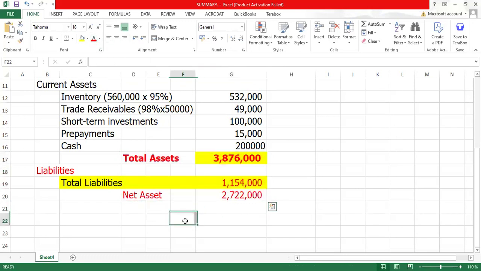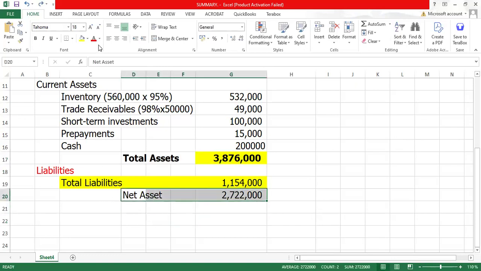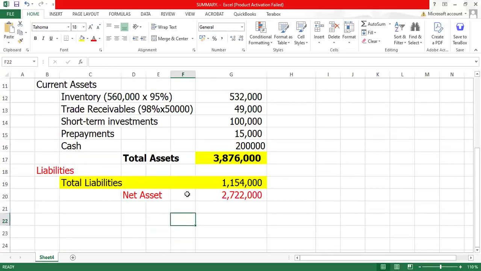Okay, so next part we are going to look at. Before that, once you have your net asset, this is like the total equity of the company you're trying to acquire.